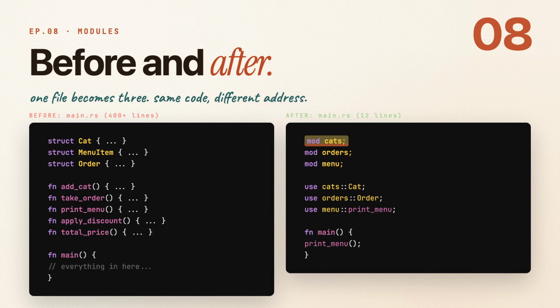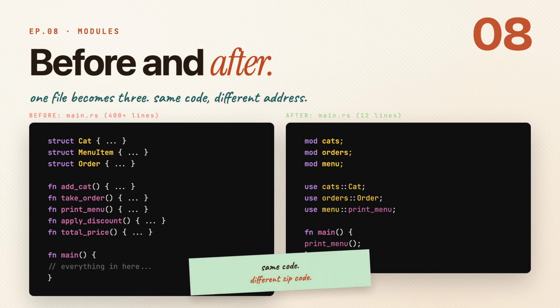So mod cats, Rust looks for cats.rs or cats/mod.rs. Mod orders, same thing for orders, mod menu and the menu module. Everything else stays private until you use pub on it. The code didn't change, it's just the address, and that's the whole idea of the modular way of organizing, refactoring, or coding.